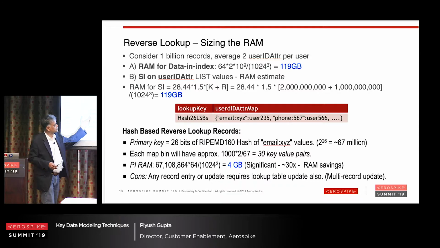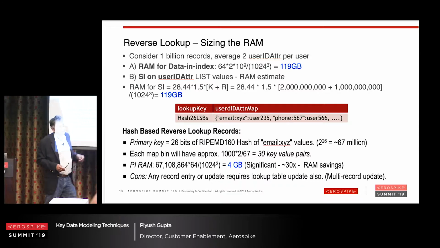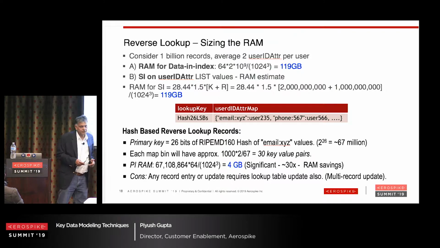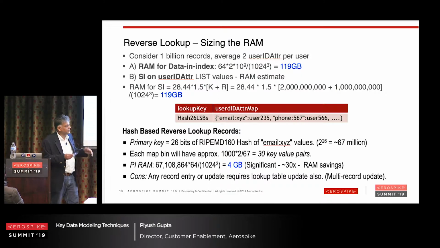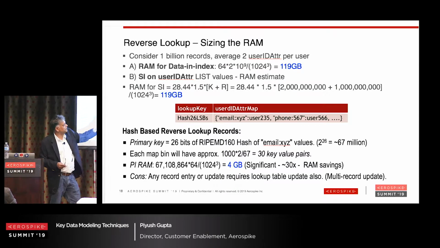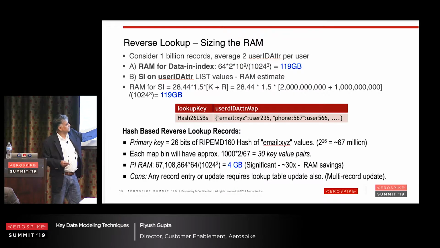What if I hashed my attribute and decided the number of bits to keep based on the compression I want? So I take a RIPE-MD160 hash of this email, and then in this example I'm just using 26 bits. And I'm using that as a primary key. Okay?